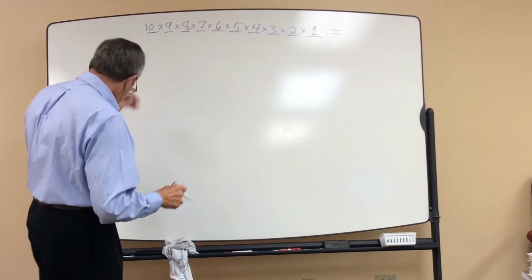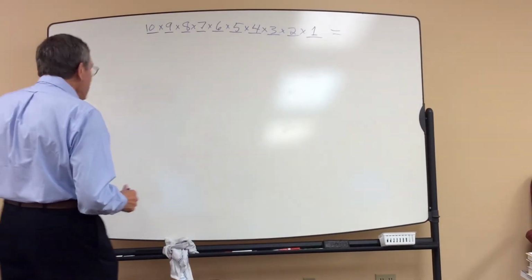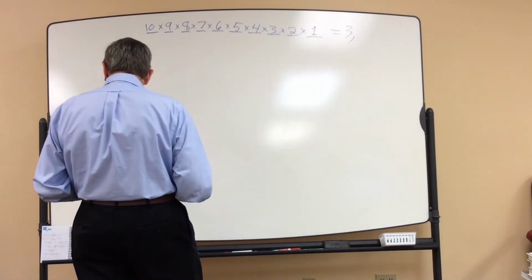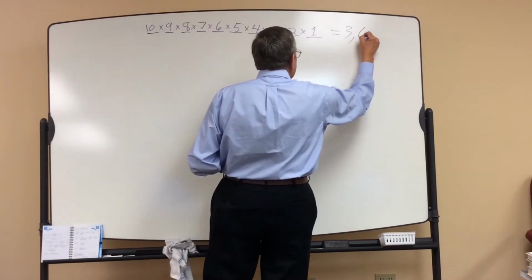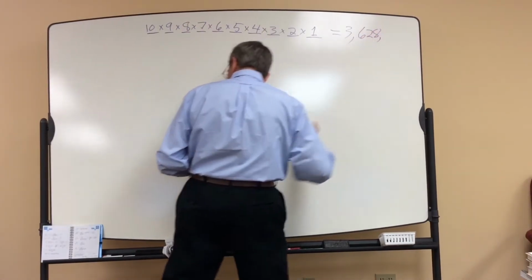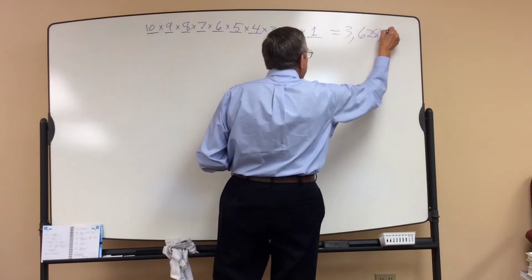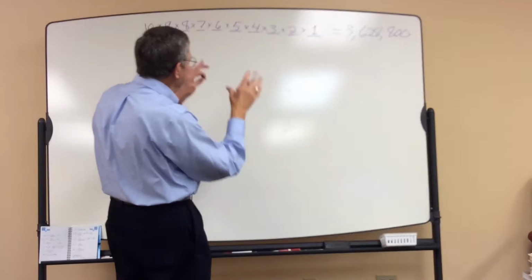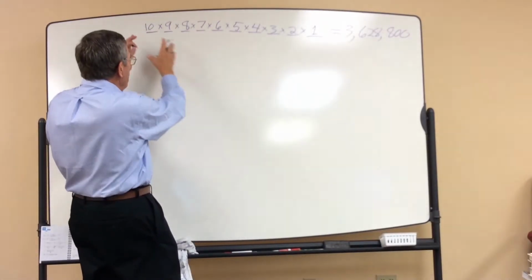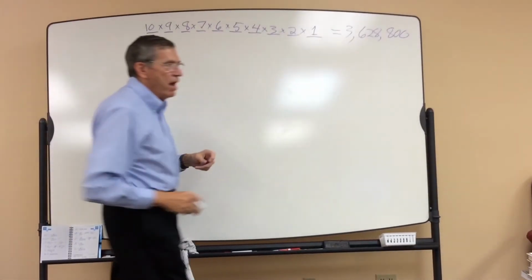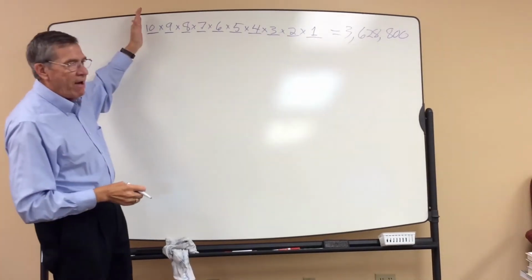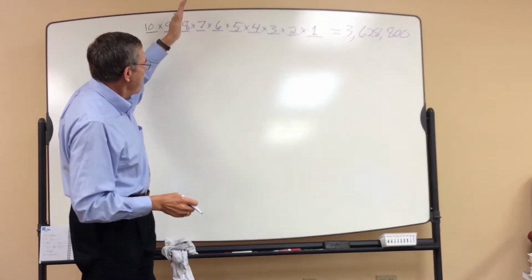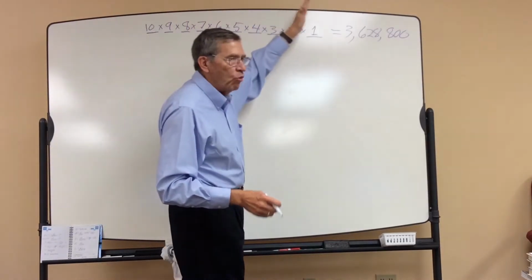So if we multiply these all together, we will get 3,628,800. Now, we have a mathematical symbol for multiplying numbers together, which start out at some specific number and decrement down by 1 all the way down to 1.